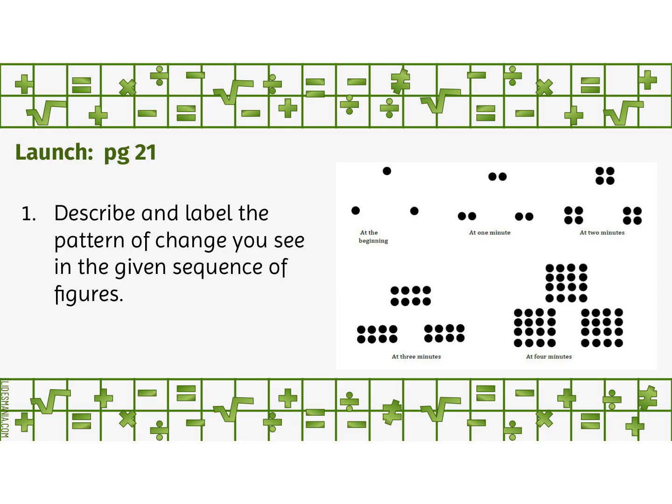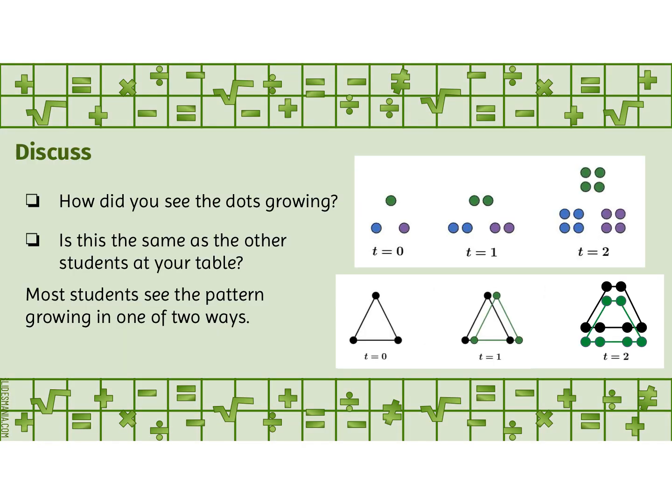So looking at the same pattern, what I want you to do is go ahead and describe and label a pattern that you see on page 21 with all these different dots. So go ahead and write down underneath here as far as the pattern that you see. So this is one way you can actually kind of look at it. This is what is called T sub 0.